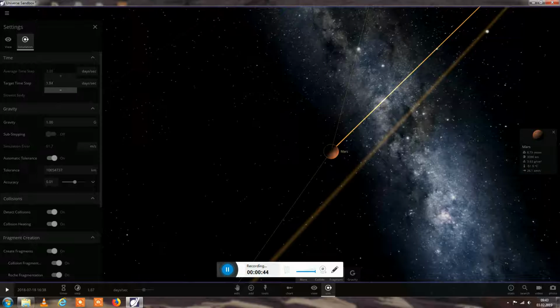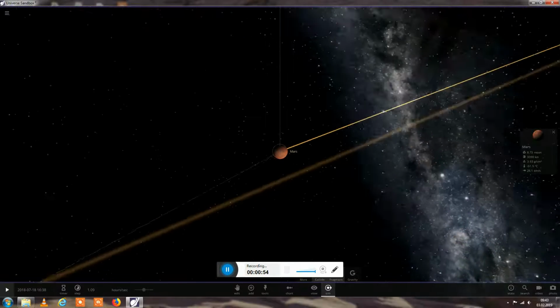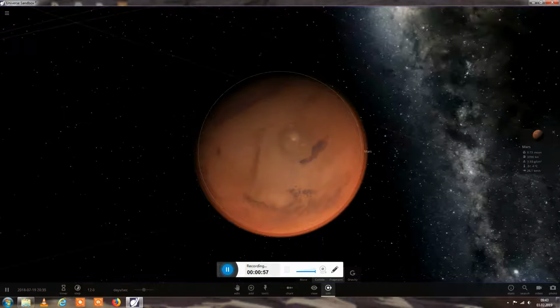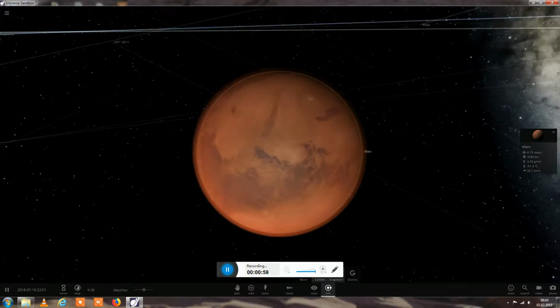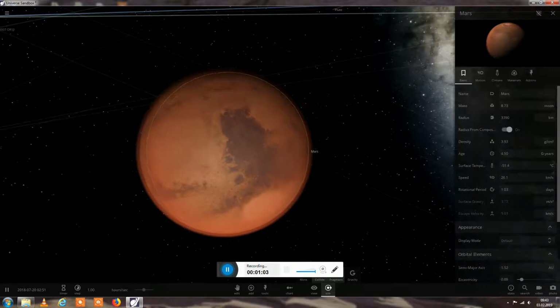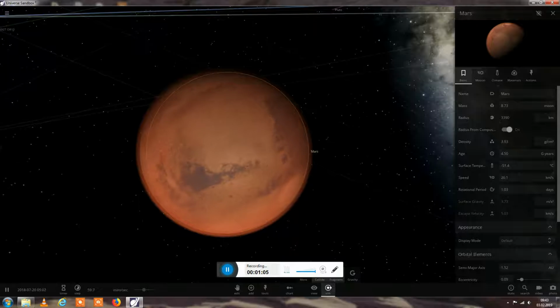Now, as you know, Mars is the fourth planet from the Sun, and it's also known as the red planet for its red coloration. Now, how would we terraform Mars?